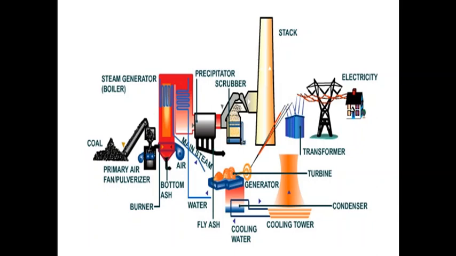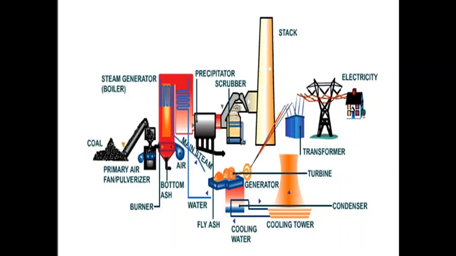So we find that the coal which we are feeding into the mill gets ground, and after complete pulverizing it is pneumatically conveyed to the furnace where it is ignited and burned, and heat is released.